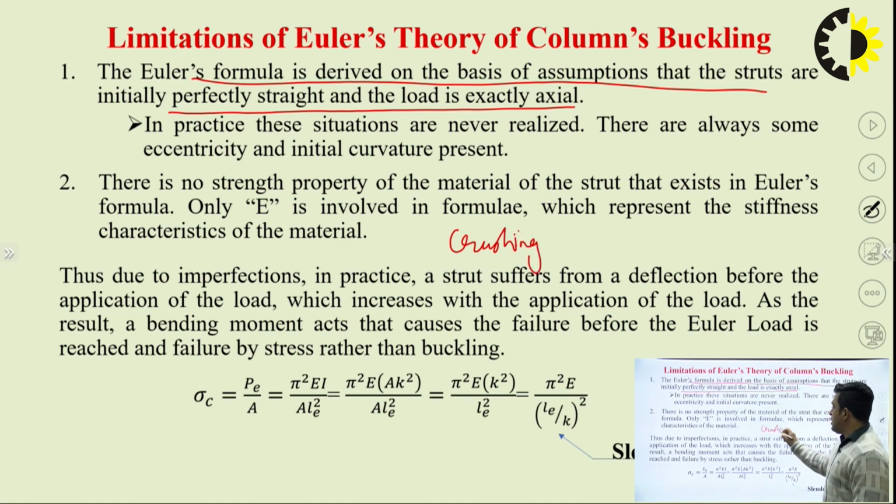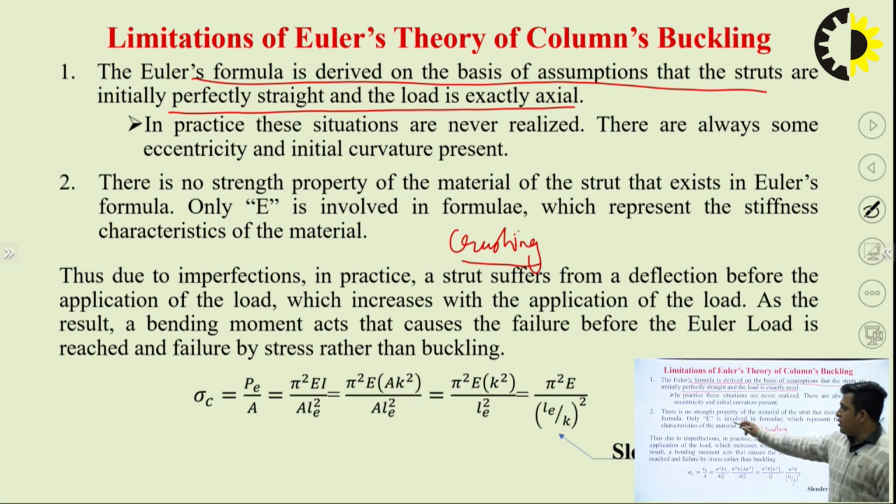But Euler says that if you are applying Euler's theory, the column will fail only due to buckling. So what parameter is going to decide whether the column is going to fail due to buckling or due to crushing?